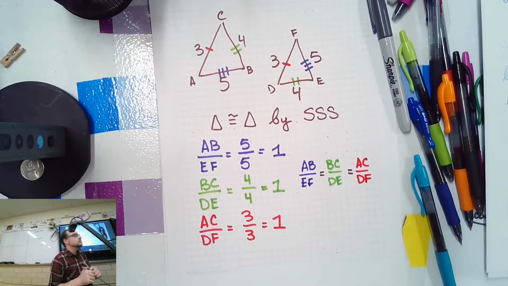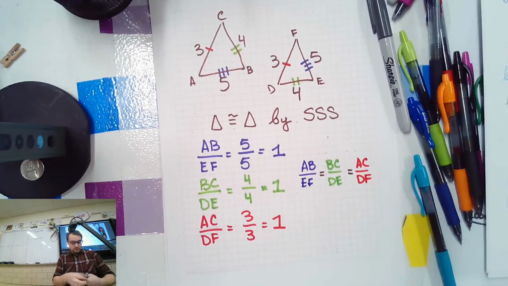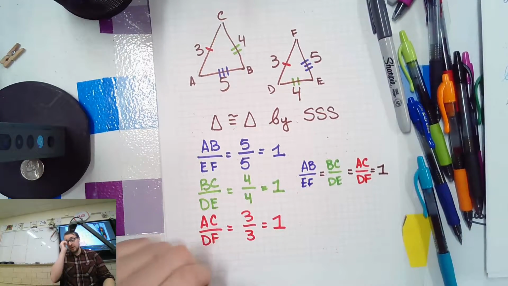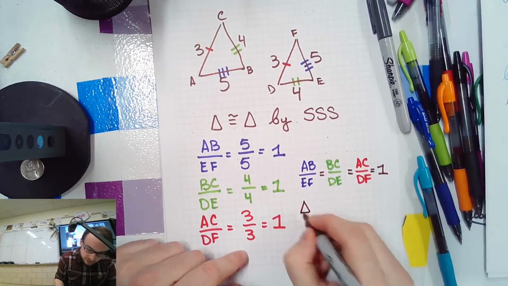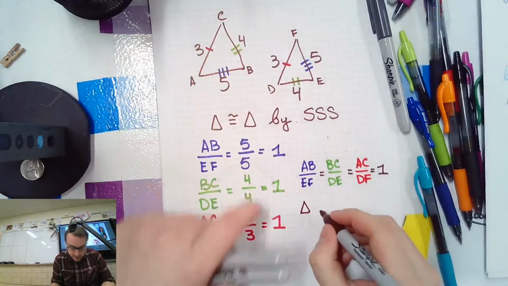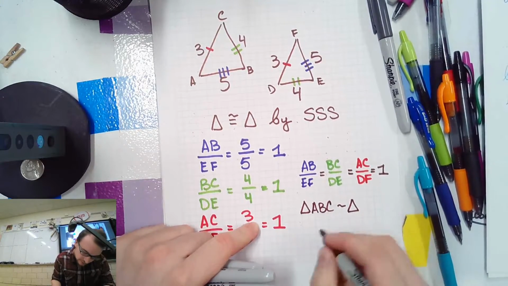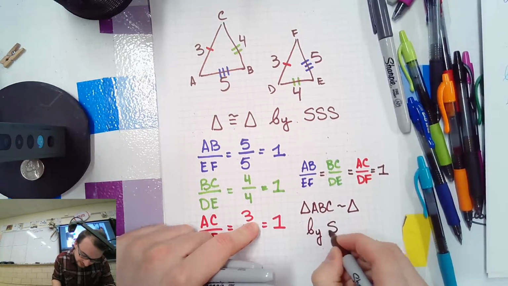Is this true? Yes. All of them are 1. So since they all equal 1, yes, they're proportional, or they are similar. These two triangles, triangle ABC, is similar to the other triangle by SSS.